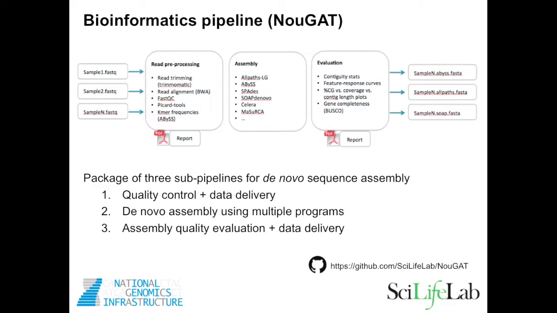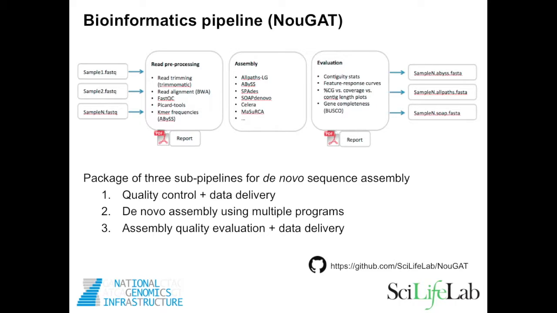I will now talk about our bioinformatics pipeline for doing this work. It's called NuGEN. It's basically 3 sub-pipelines. The first one is quality control.